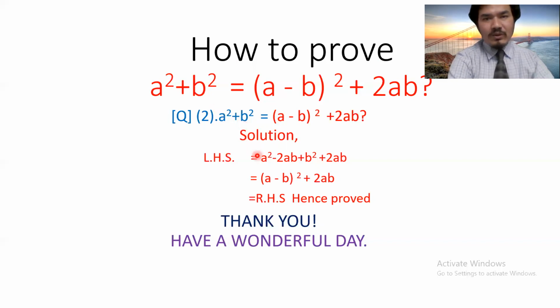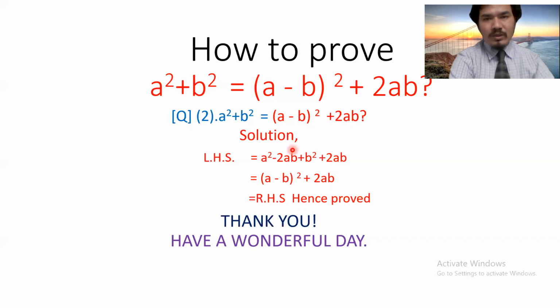As I told you, a square minus 2ab plus b square is the a minus b whole square formula. These three terms are in the form of the formula. That's why we wrote a minus b whole square, and plus 2ab, which is the right hand side. This is the result of the right hand side: a minus b whole square plus 2ab.